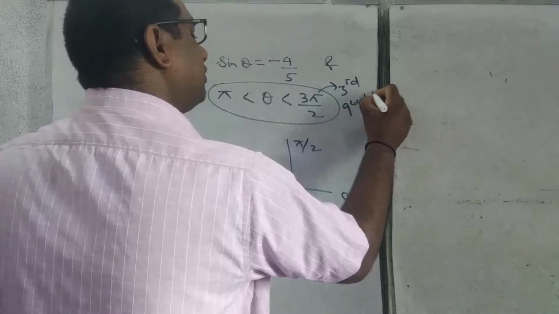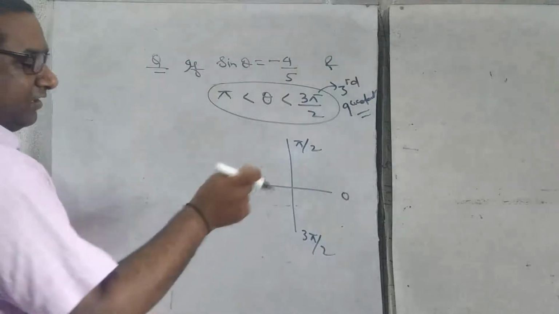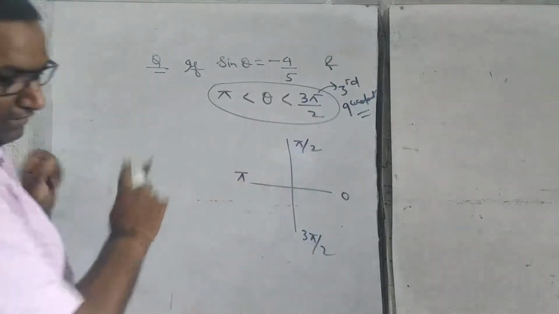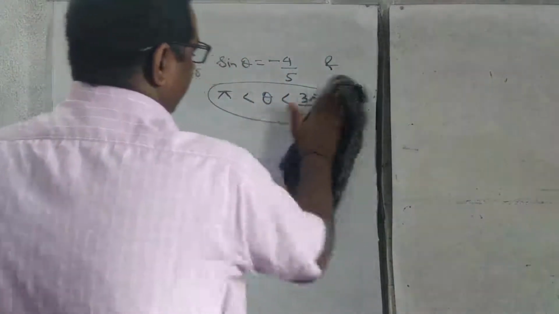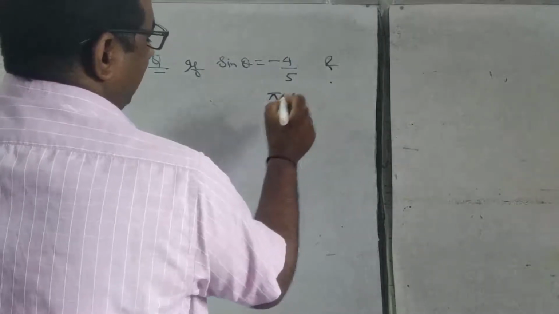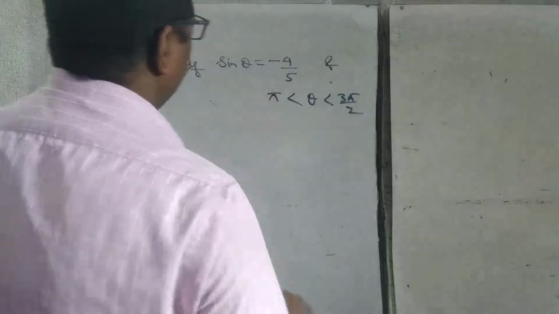What the question is trying to say is that theta is lying in the third quadrant, and in the third quadrant tan and cot are positive and the rest are negative. So first of all, you must understand this information. What is the meaning of theta lying between pi and 3 pi by 2.